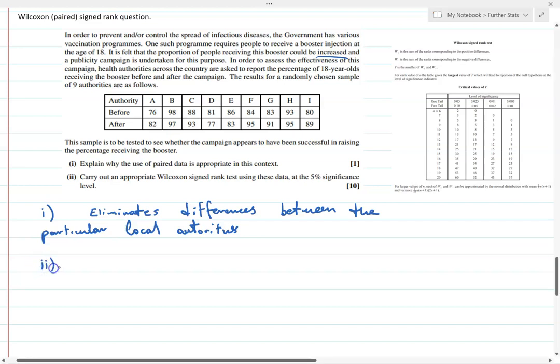How to set it up. I tend to like to use symbols. I think we can use symbols, but we must make sure that we define what the symbols are.